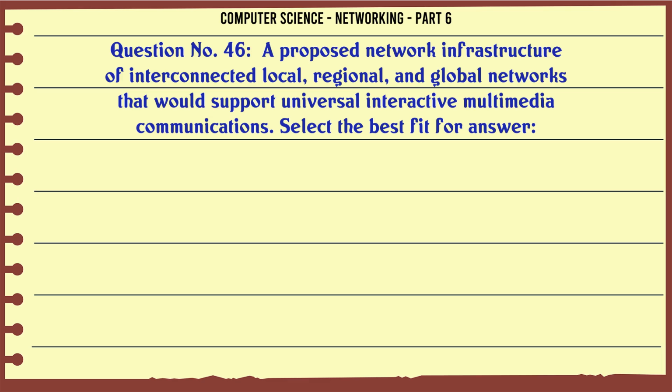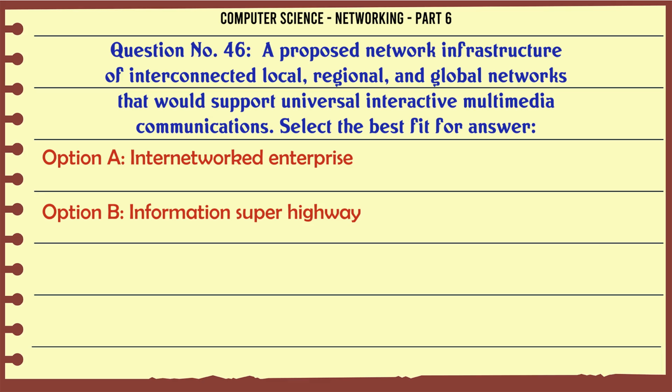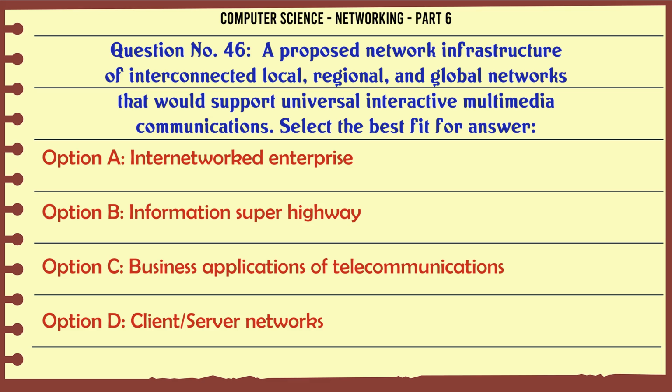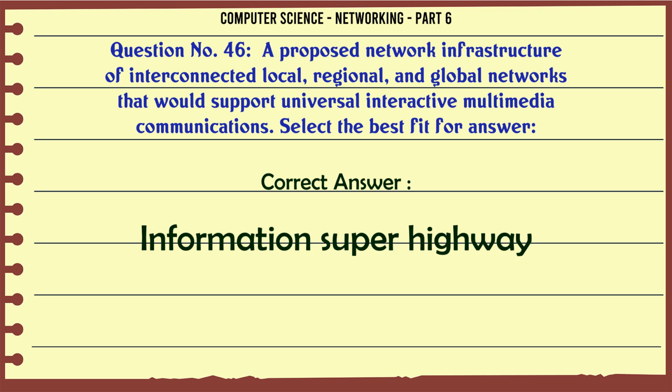A proposed network infrastructure of interconnected local, regional, and global networks that would support universal interactive multimedia communications. Select the best fit for answer. A. Internetworked enterprise. B. Information superhighway. C. Business applications of telecommunications. D. Client-server networks. The correct answer is information superhighway.